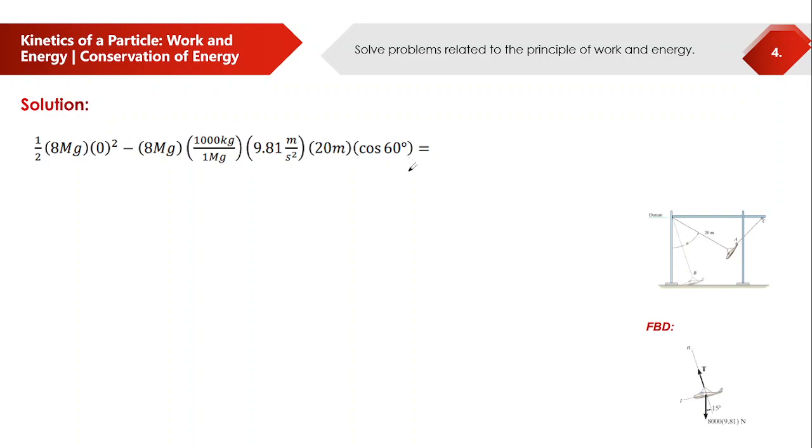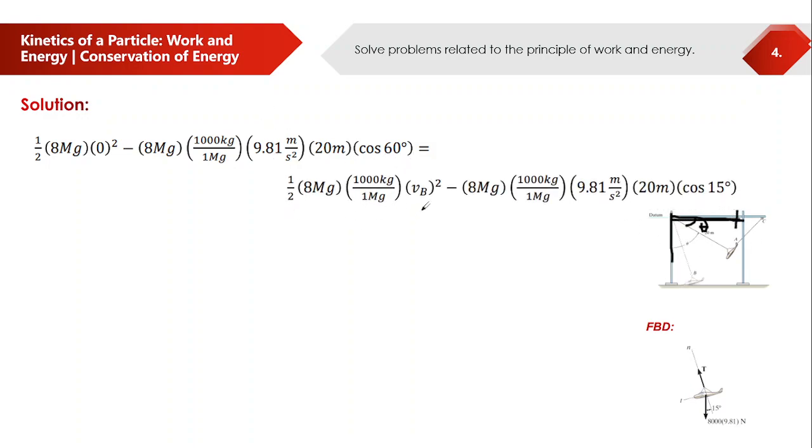Cosine 60. This is our datum line, because this is our datum line here. Okay? So what is its distance from the datum line at this point? So to find this adjacent side of the plane here, this is your 60 degrees. So for this distance, it is cosine theta. Okay? So that will be cosine 60.